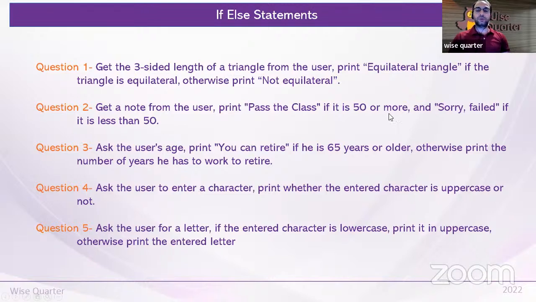Normally we have used two if statements to solve this question, but this time I will use an if else statement. If it is higher or equal to 50, it will say pass the class, else failed.